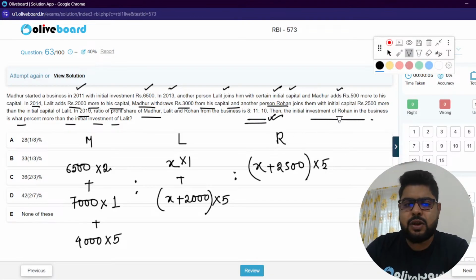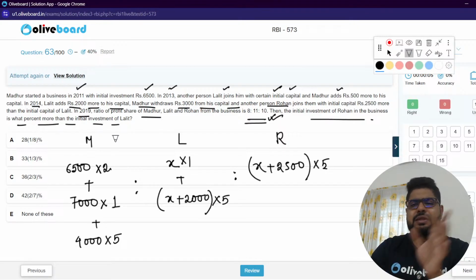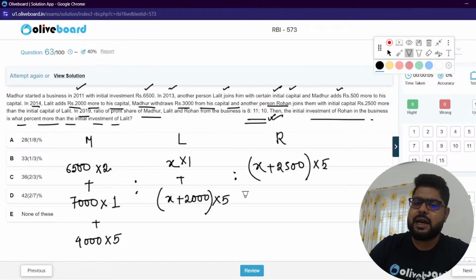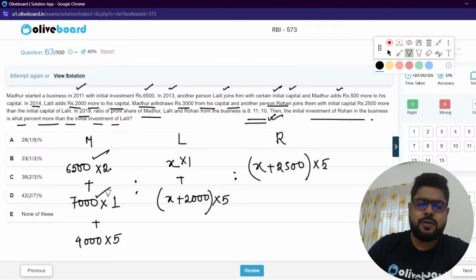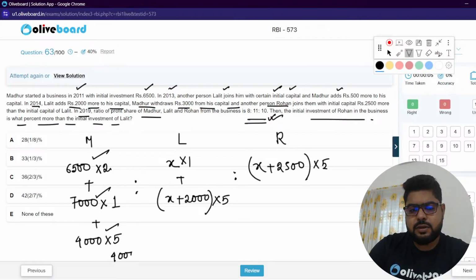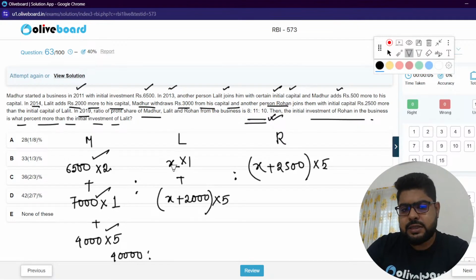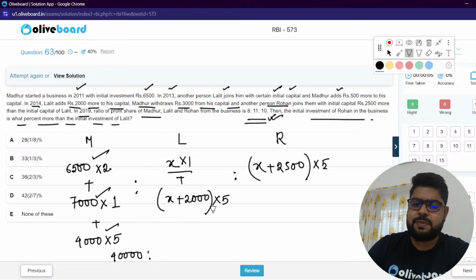Then they are asking about Rohan, some percentage. Let's calculate, sir. So this is 13,000, 20,000, 20 and 20, sir, 40,000. So this is x, 5x, 6x plus 10,000.